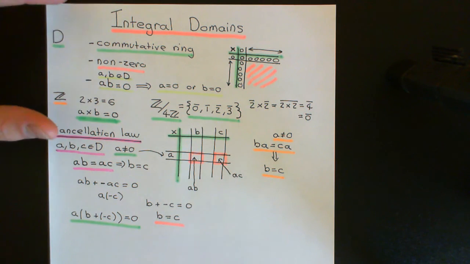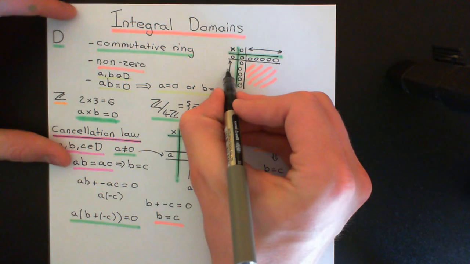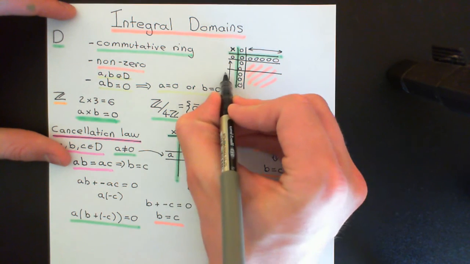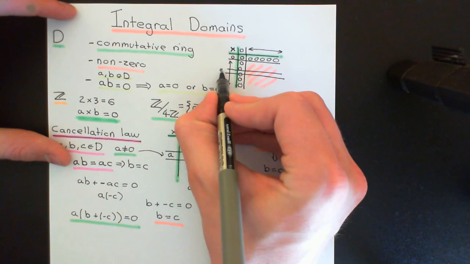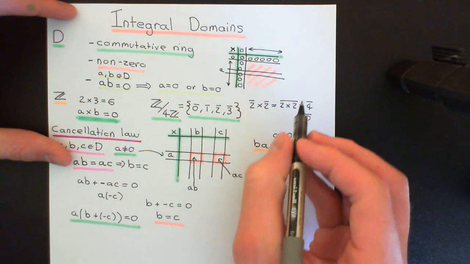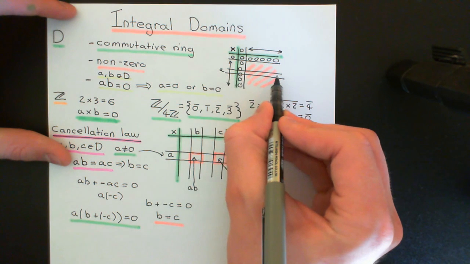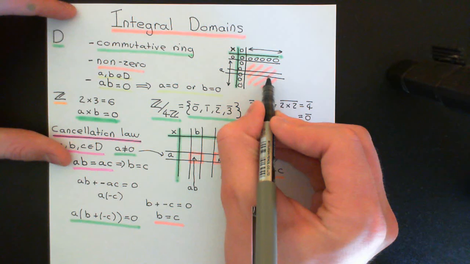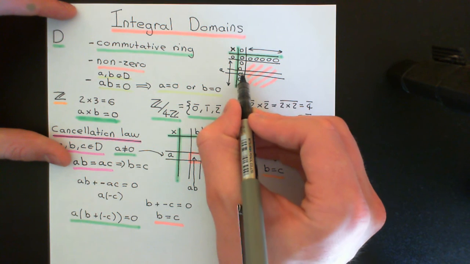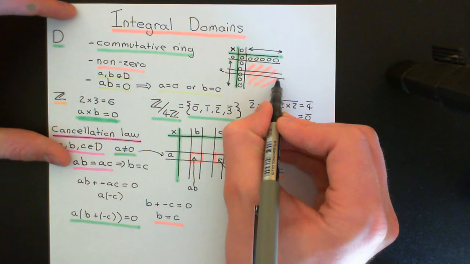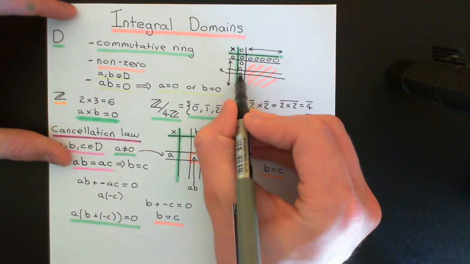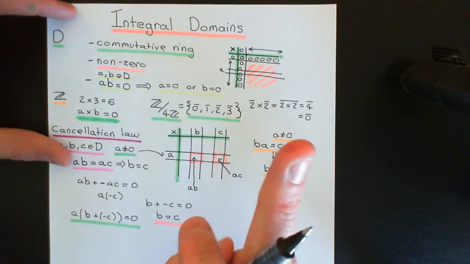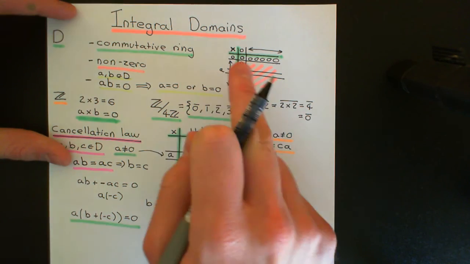So what this overall means is that if I look at the row corresponding to a non-zero element, let's say A here is a non-zero element, no element of the integral domain can appear more than once. Any element of the integral domain can only appear once. Now it doesn't necessarily have to appear in the row.